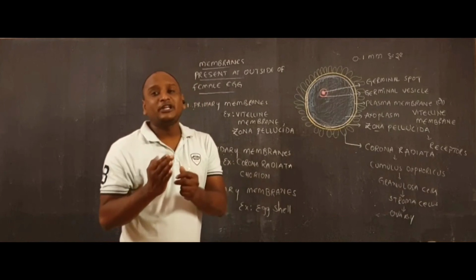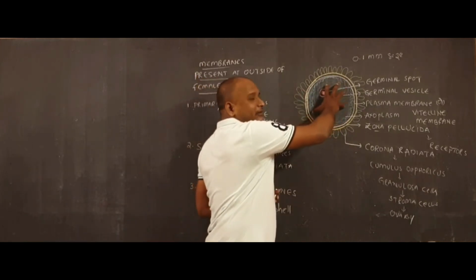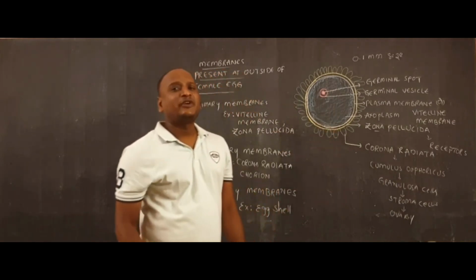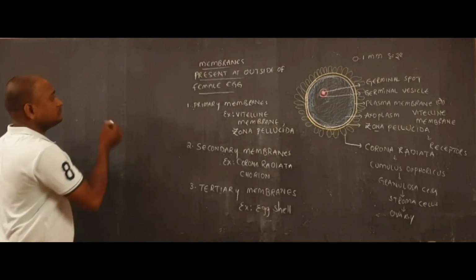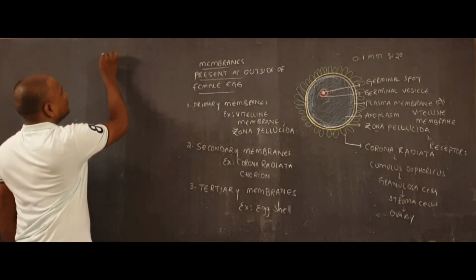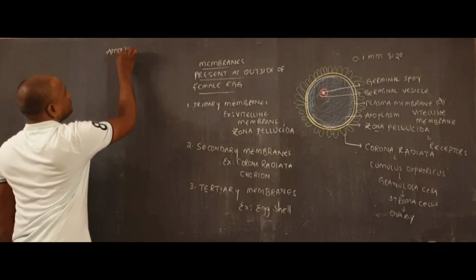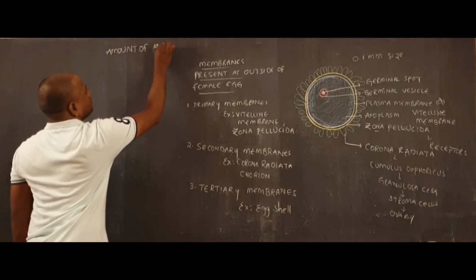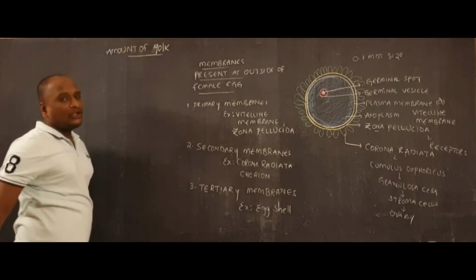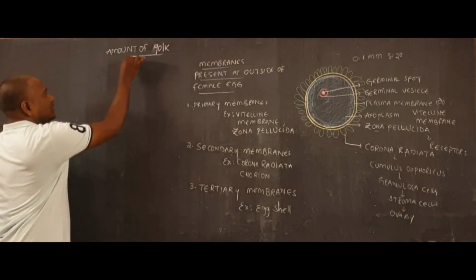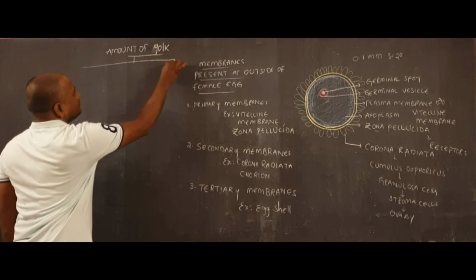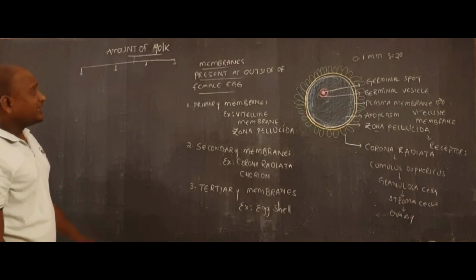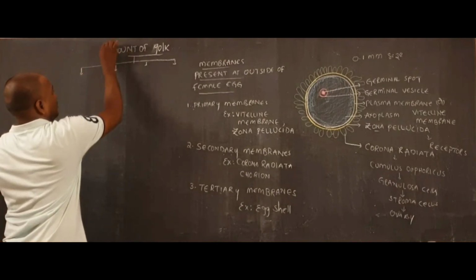Based on the amount of yolk material present inside the egg cell, eggs can be classified into four types.